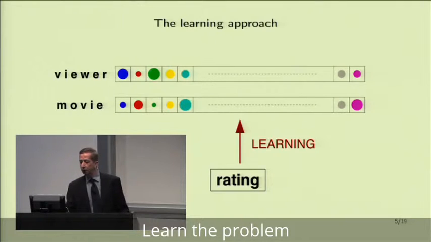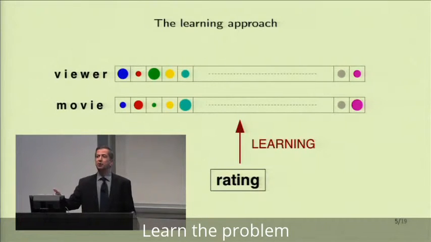And if you get a viewer here that didn't watch a movie, and you get the vector that resulted from that learning process, and you get the movie vector that resulted from that process, and you do the inner product, lo and behold, you get a rating which is actually consistent with how that viewer rates the movie. That's the idea. Now, the solution I described is one of the winning solutions in the competition that I mentioned. So this is for real. This actually can be used.